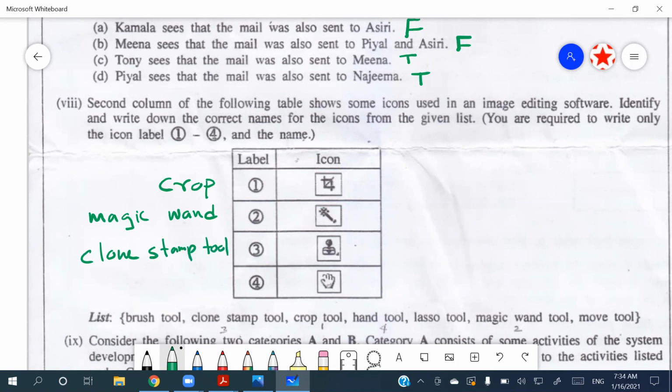And the fourth one, I can give you the marks for this particular thing because a hand tool is not there, right? Oh, let me check.